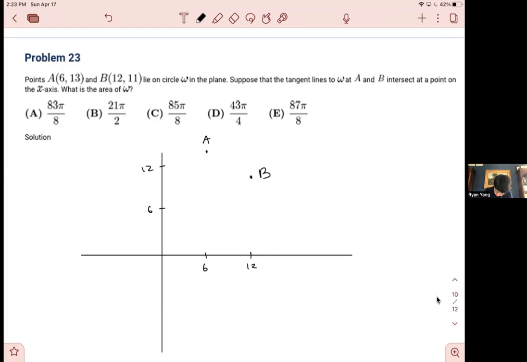In general, the main thing that we are going to use is the fact that for any circle, if you draw the tangent at A and the tangent at B, and they intersect at point T, TA is equal to TB.